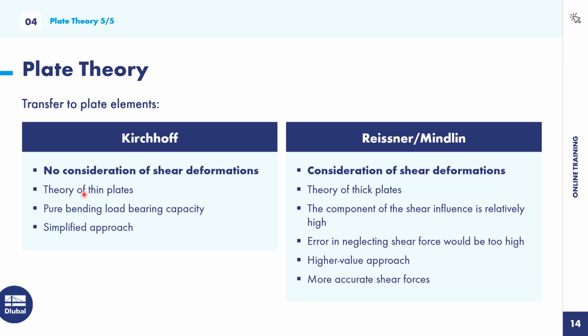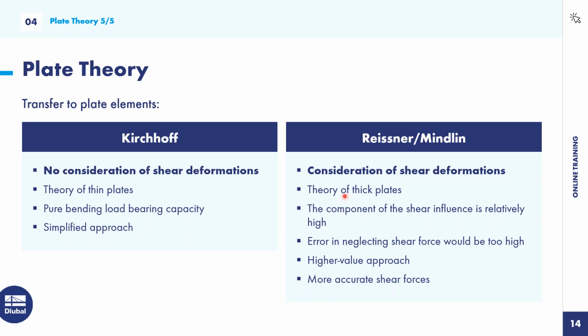So it's recommended for surfaces that are relatively thin, such as metal sheets in steel construction. We only consider also a pure bending load bearing capacity, and this is also a simplified approach.